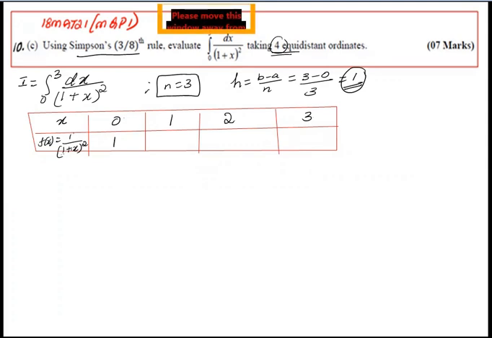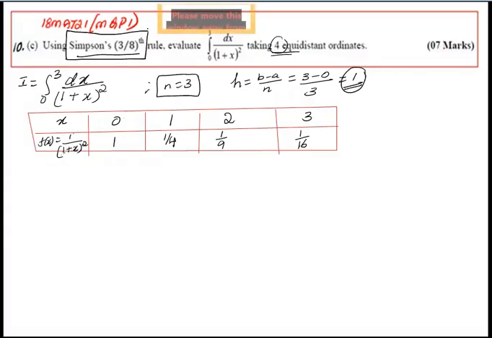Similarly 1 plus 1, that is 2, 2 square is 4, so 1 by 4 or 0.25. Next, x is equal to 2 here, so 3 square is 9, so you will get 1 by 9. Similarly, 3 plus 1, that is 4, 4 square is 16, so 1 divided by 16.